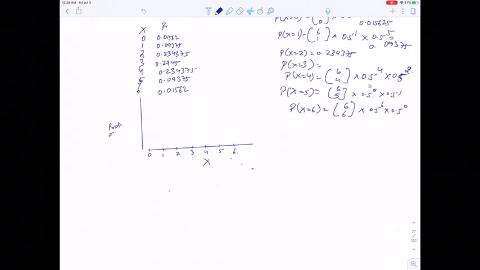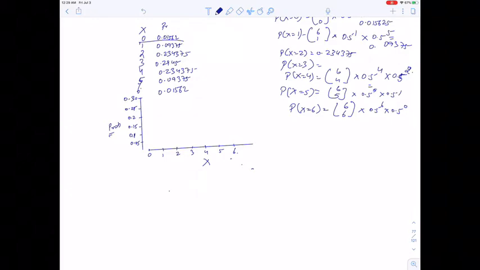So I'm going to say, no, this is 2. Okay, that's better. So we can just draw these bars.